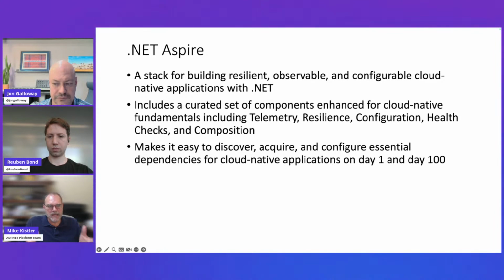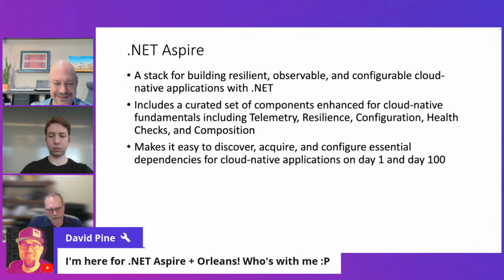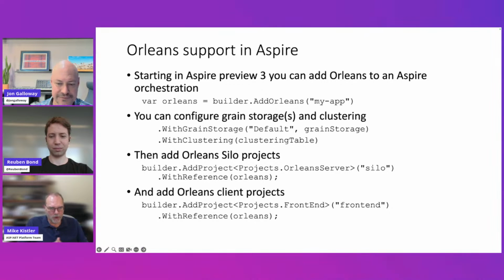And it makes it easy to discover and acquire these essential dependencies for cloud-native applications. And so Orleans obviously is a key feature that people writing distributed applications would want to use. So we added support for Orleans into Aspire.